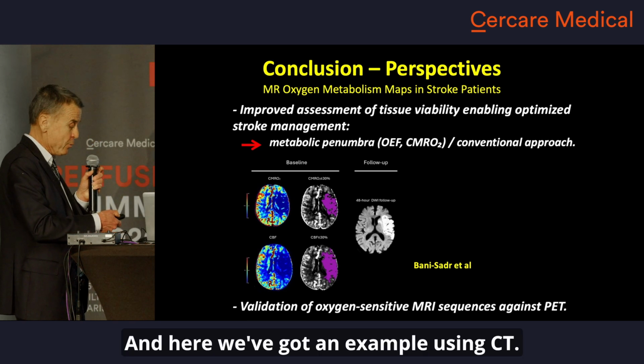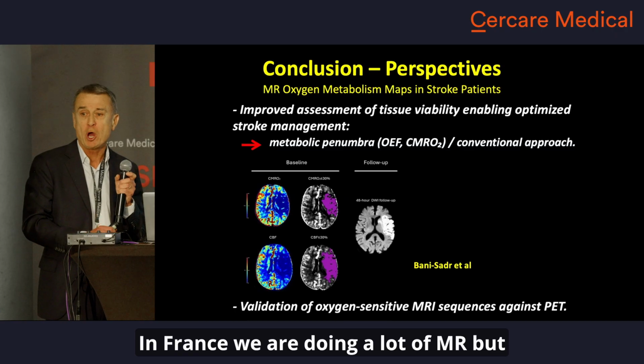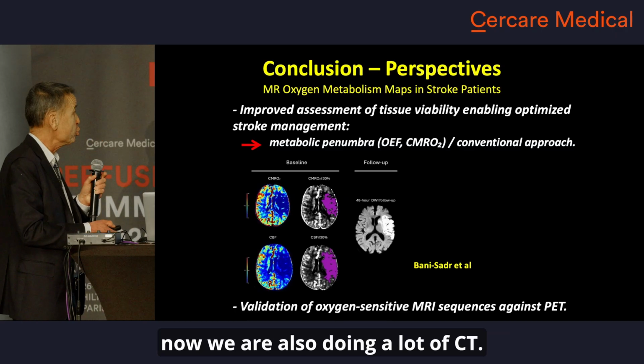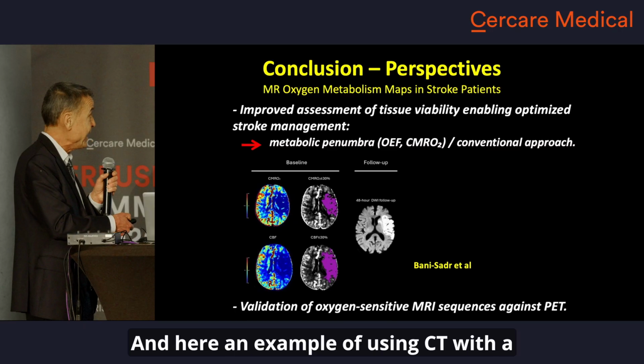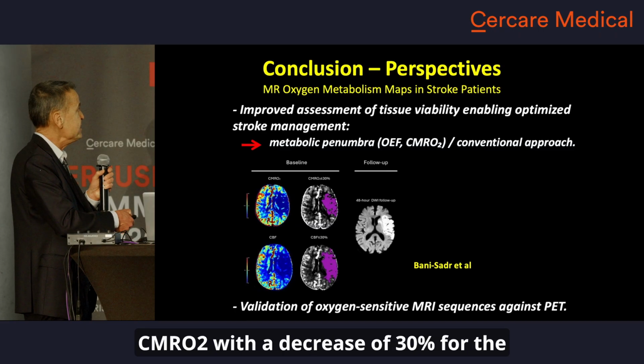And here we've got an example using CT. In Lyon, in France, we are doing a lot of MR, but now we are also doing a lot of CT. And here is an example using CT with a CMRO₂ decrease of 30% for the infarct core.